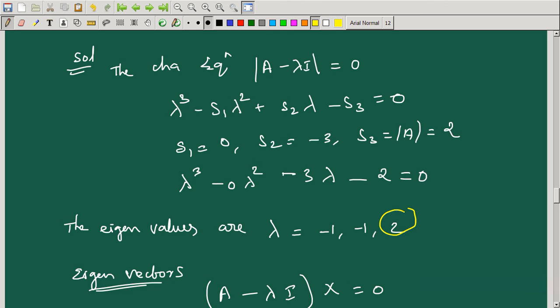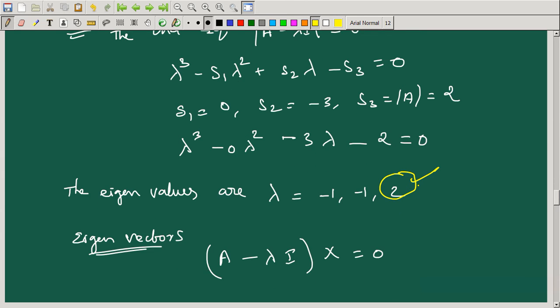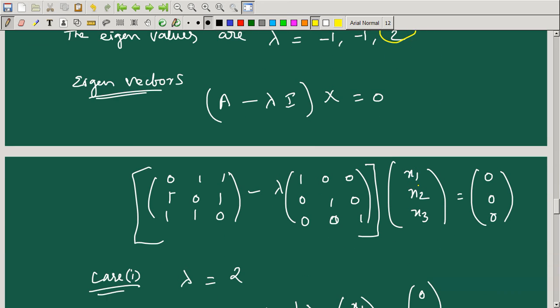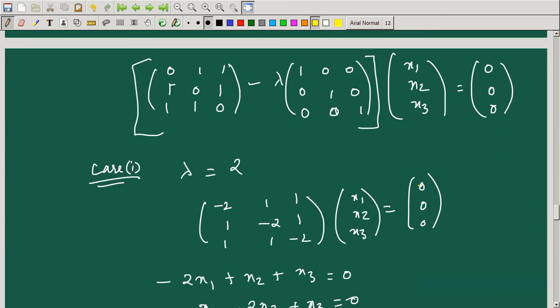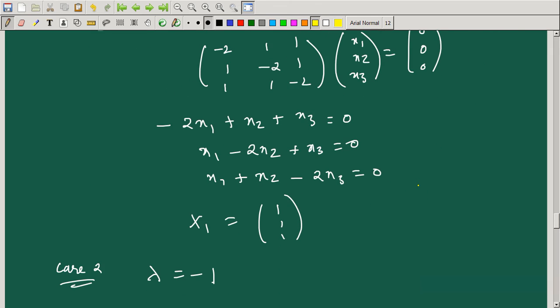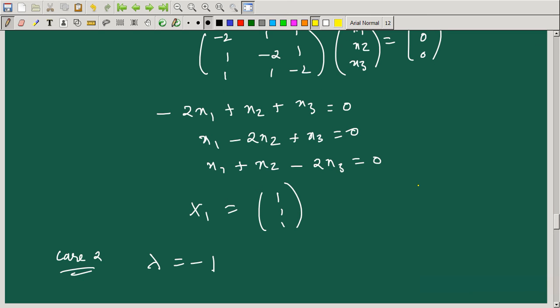First select the non-repeated one. We know the process: (A minus lambda I) x is equal to 0. For lambda equal to 2, we get three different equations, and solving any two, we get x1 equal to 1, 1, 1.